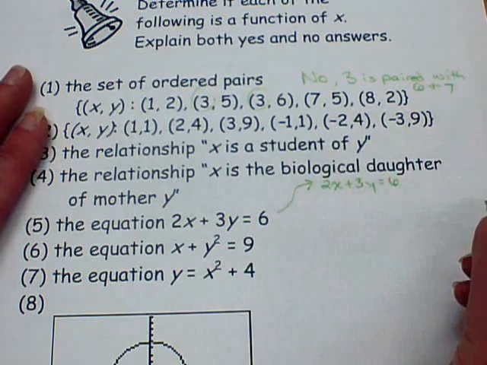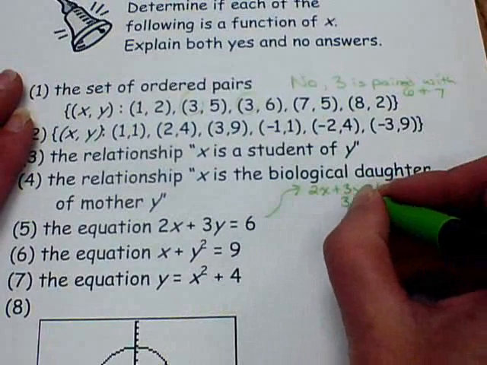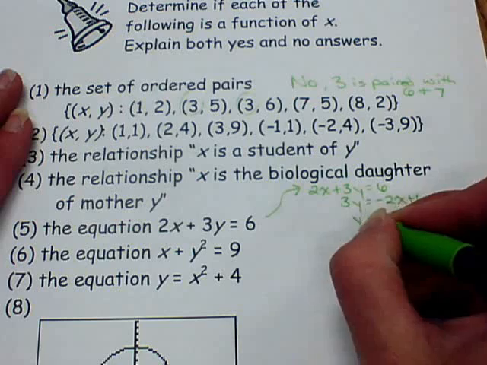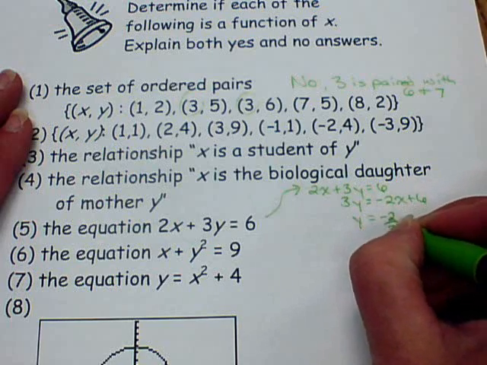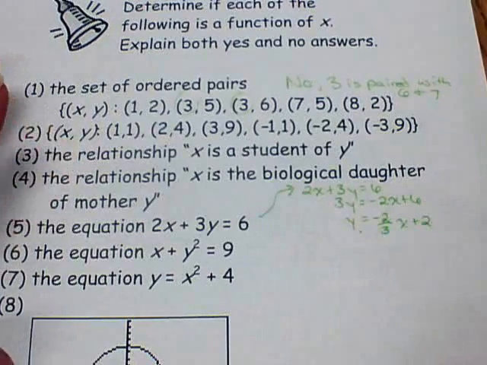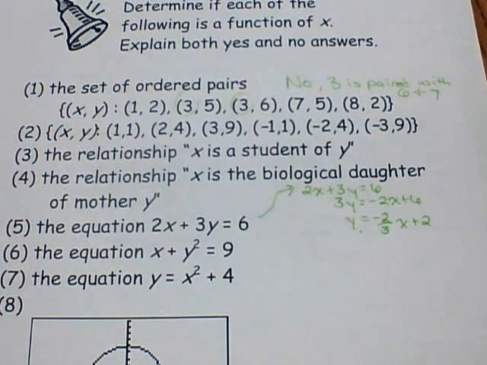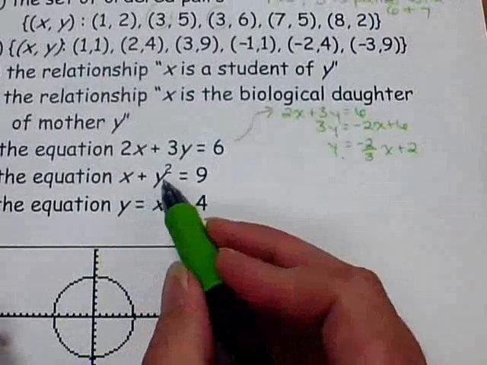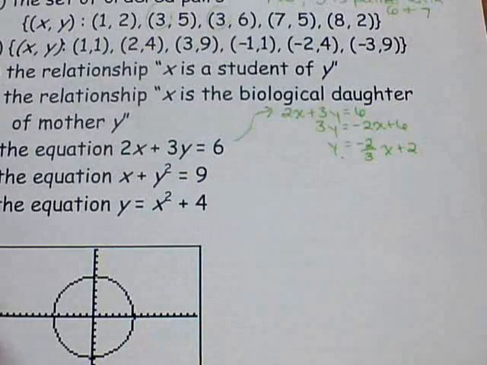Another way to look at that is if you solve for Y, 2X plus 3Y equals 6. If I solve that for Y, I get 3Y equals negative 2X plus 6. Y equals negative 2/3 X plus 2. And there is only one option for Y. Definitely a function.